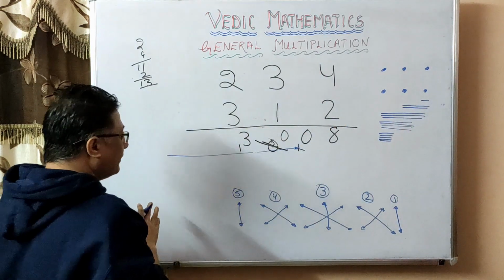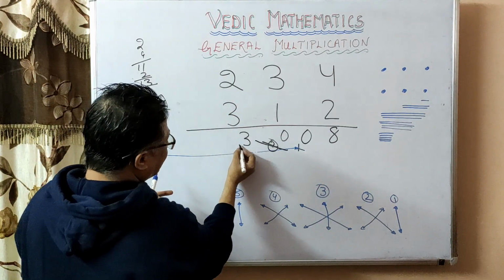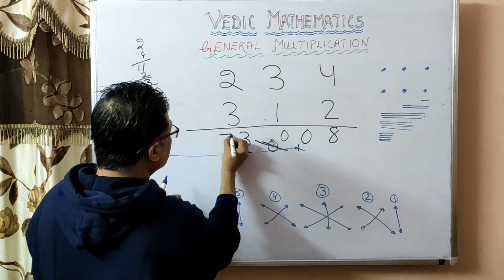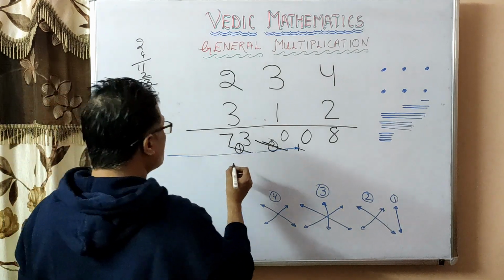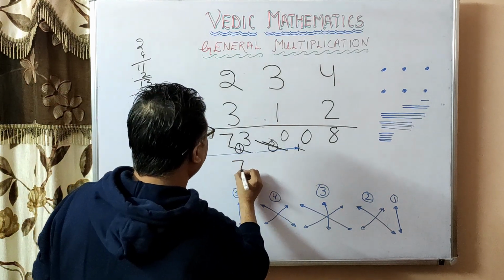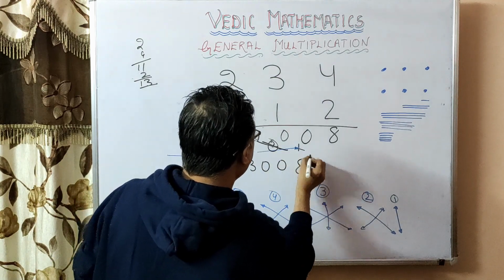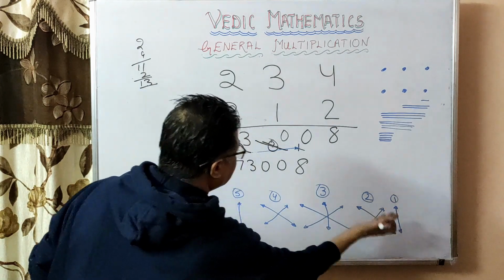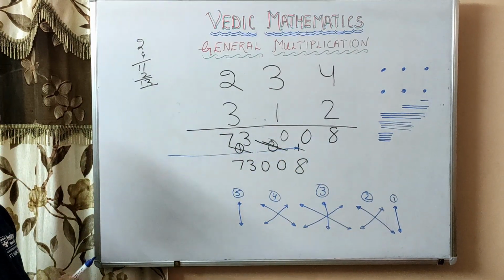So this is the end, and 3 2s are 6, plus this one has to be added to 6. So when we add 1, it becomes 7. So our answer is 73008. So this is our answer, and this is the path for multiplying two 3-digit numbers.